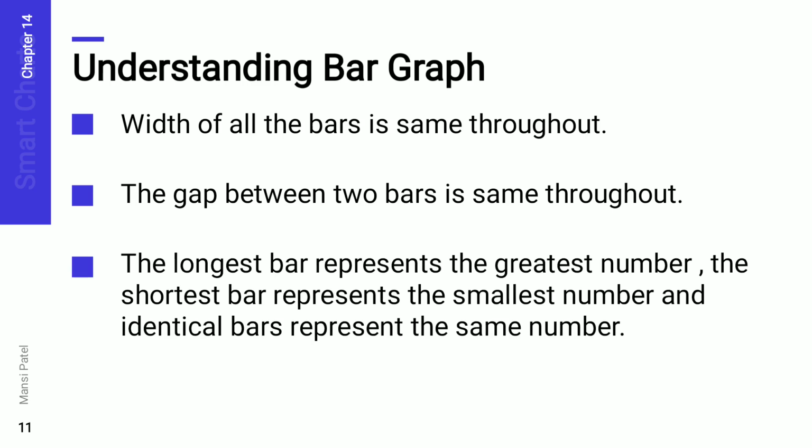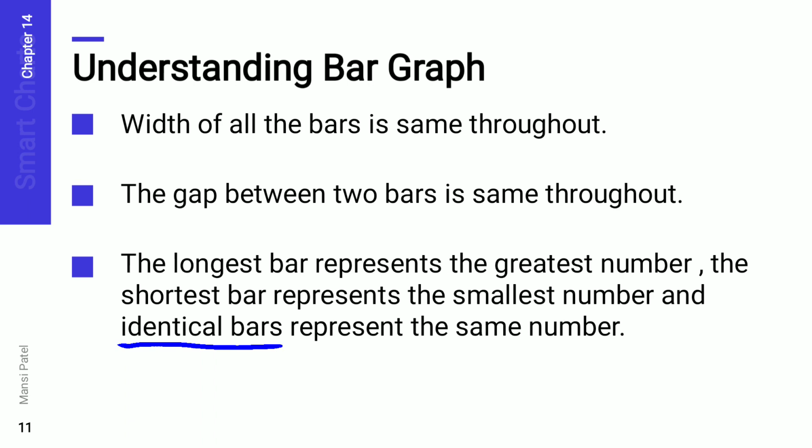Then the third one is that the longest bar represents the greatest number and the shorter bar represents the small number. If that bar is long, then that is the greatest number. If that bar is short, then it represents the small number. Now what about the identical bars? What is the meaning of identical? Identical means same.